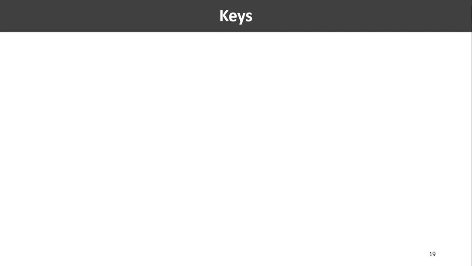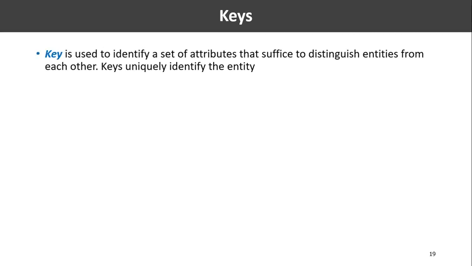This is how we come across the concept of keys. So what is a key? A key is used to identify the set of attributes that suffice to distinguish entities from one another.